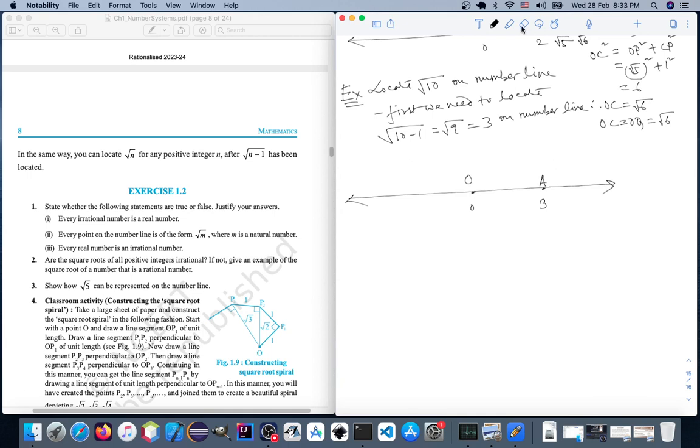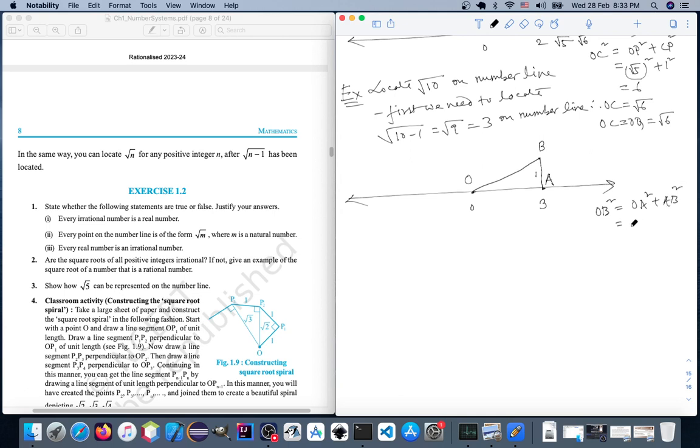Now what we do is we draw a perpendicular at A on the number line of unit length. Let's say this is B. We join OB, and so OB square, as per Pythagoras theorem, is OA square plus AB square.